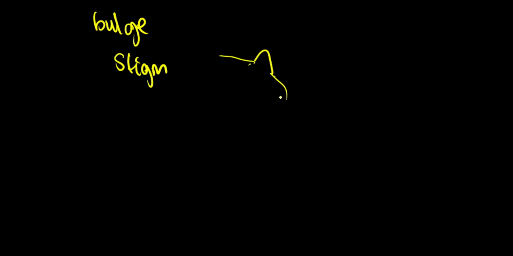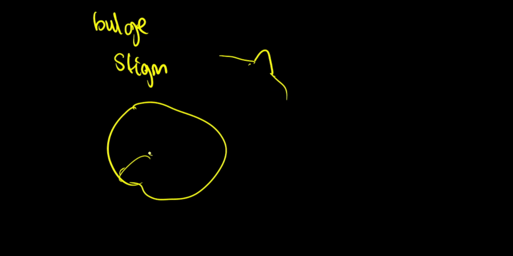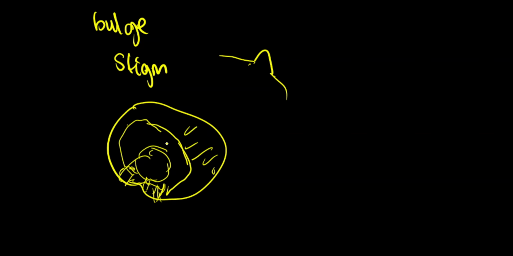Something like this: the primary oocyte, follicular cells all round, and then this would be the antrium. As the division continues, eventually we have the release of the secondary oocyte.